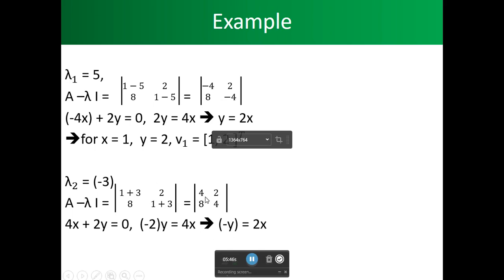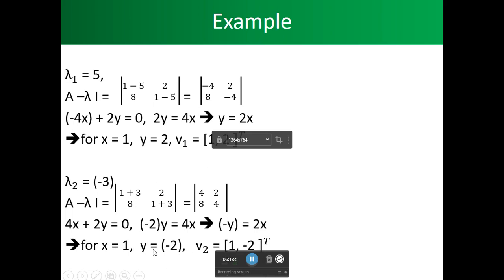And so now we have 4x plus 2y equals 0. If we take the 2y and put it on the other side of the equation, we get minus 2y equals 4x, which implies that, dividing by 2, minus y equals 2x.